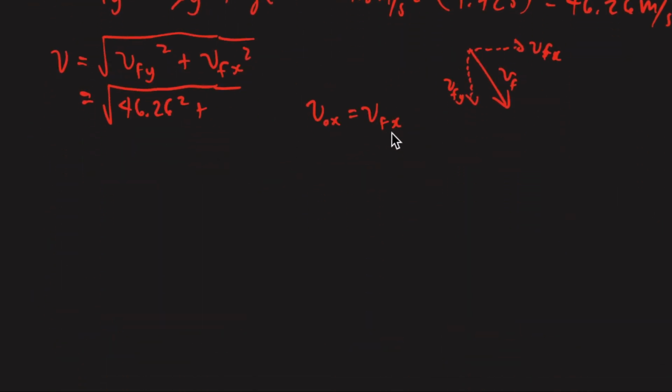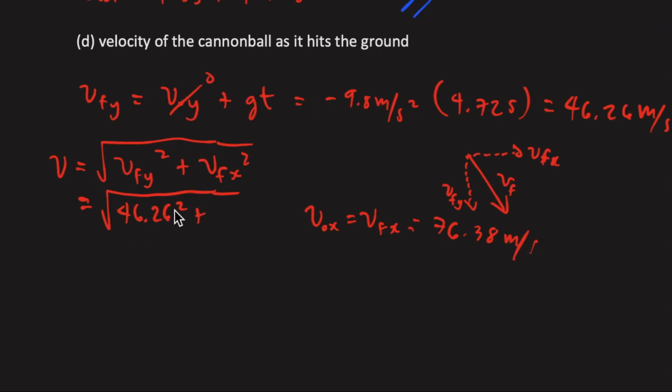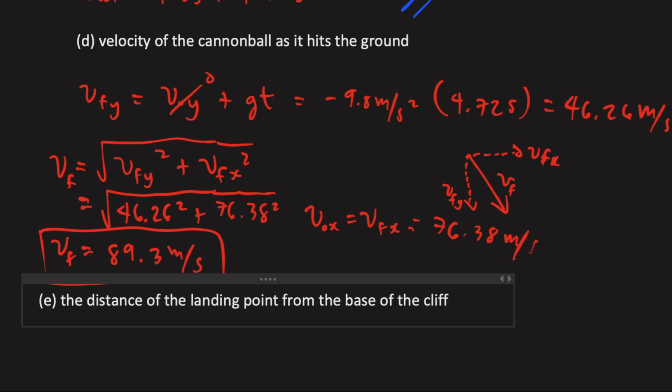So here we have 76.38 squared. That's equal to 89.3 meters per second. So this is our Vf, the final velocity.